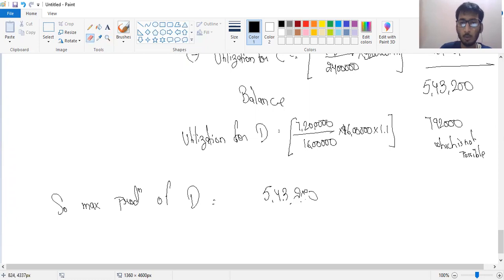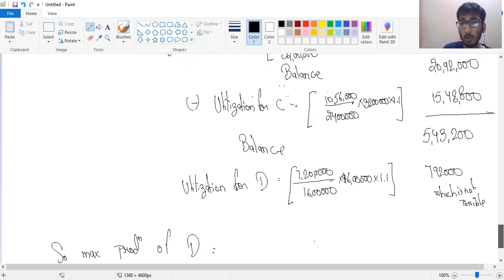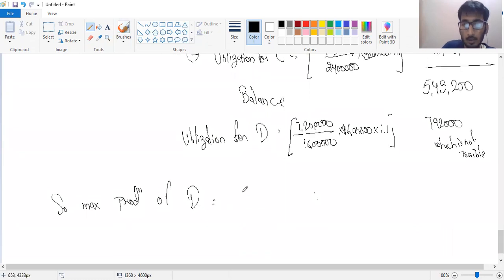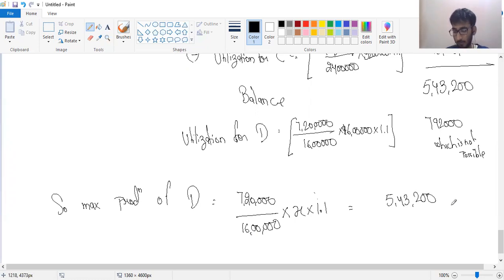So let's do it in one equation way, so that it would not be a confusion. So what was the last year? Last year it was 7,20,000 divided by 16 lakh. This year the value we do not know, so it is x multiplied by 1.1. It could be maximum up to 543,200. Just solve it.